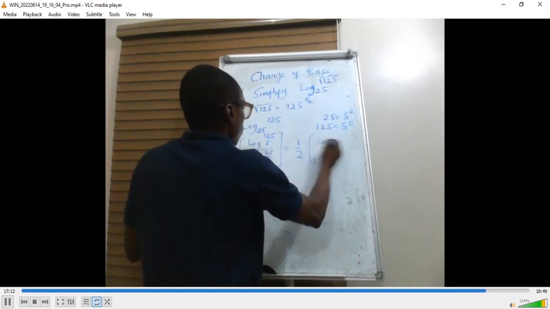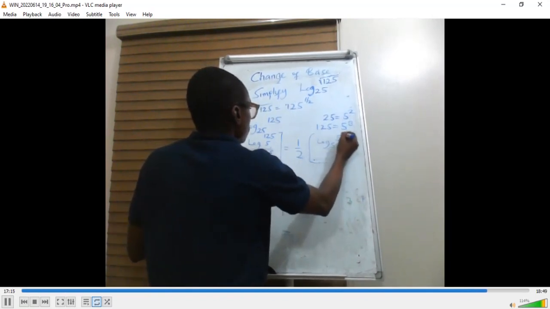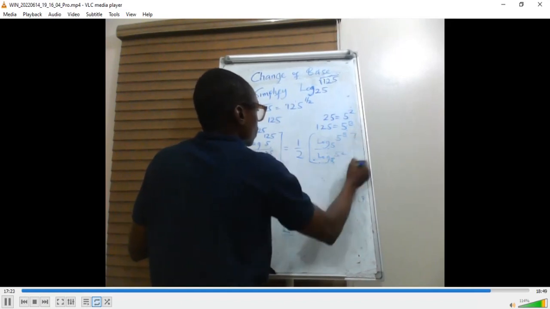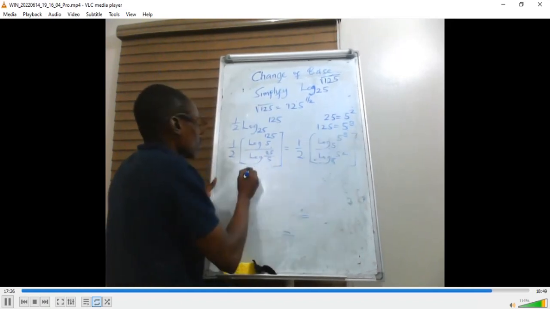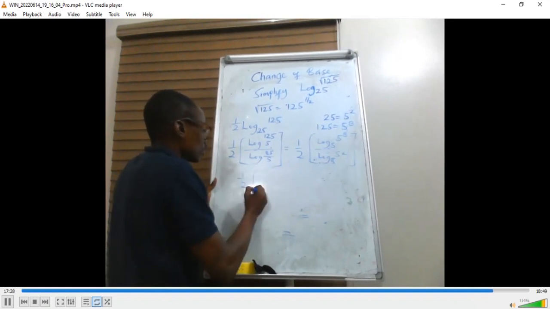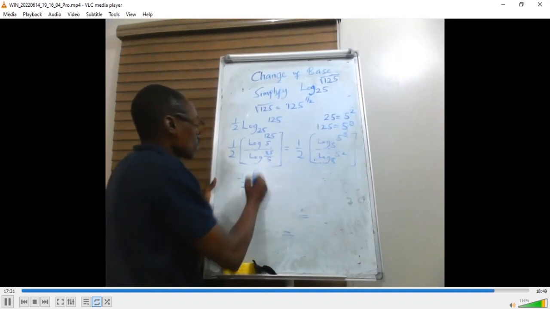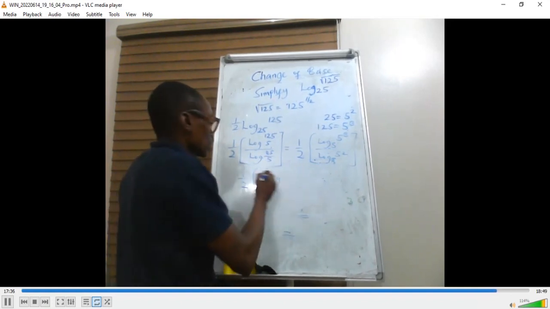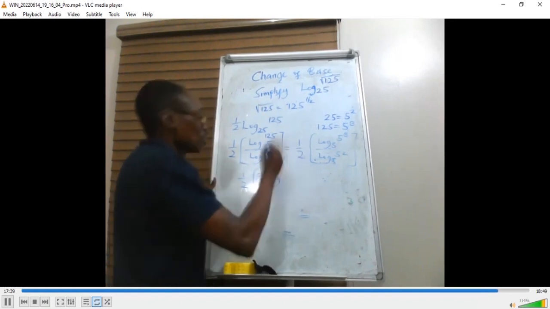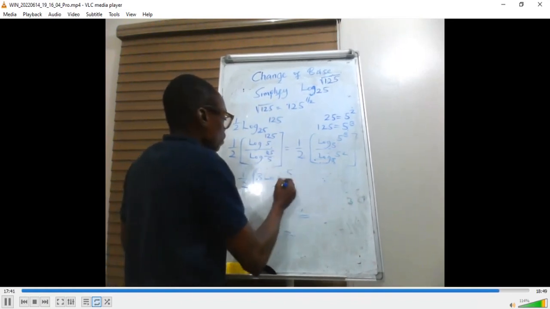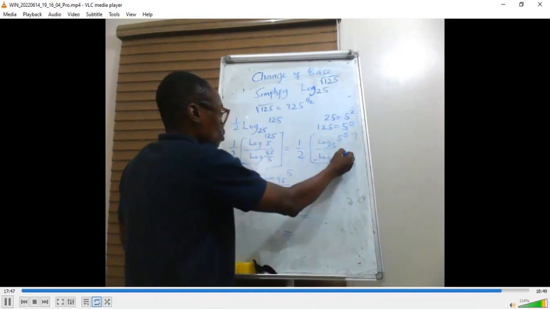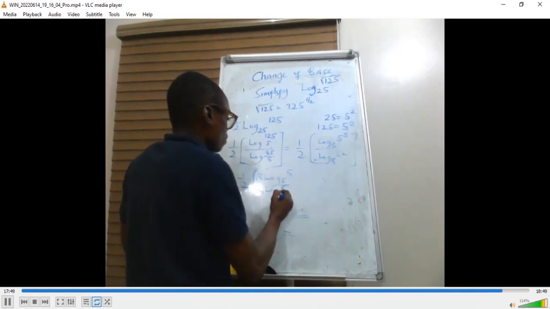This is log 5 raised to power 3, this is log 5 raised to power 2. At the end of the day, this is half, this is 3 log 5 base 5, this is 2 log 5 base 5.